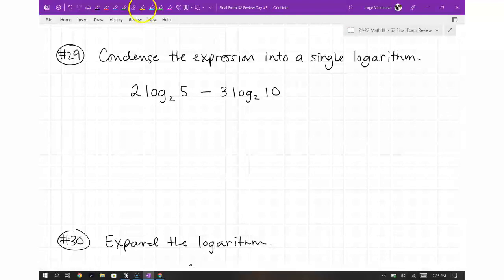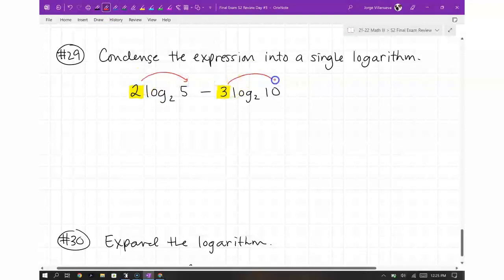So notice there are some numbers in front of the log. What do I do with those numbers in front of the log? What do they become? They become powers. Yeah, you got to move them up.